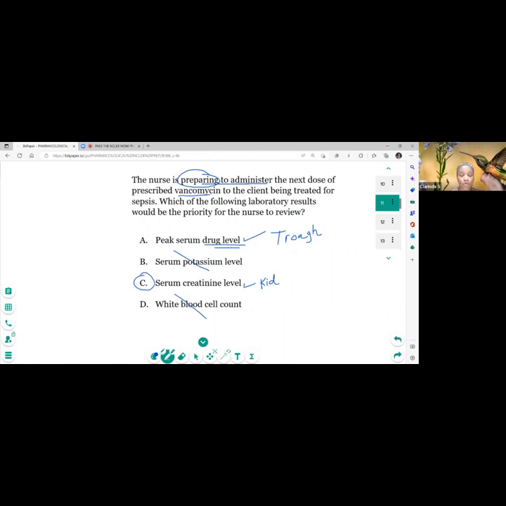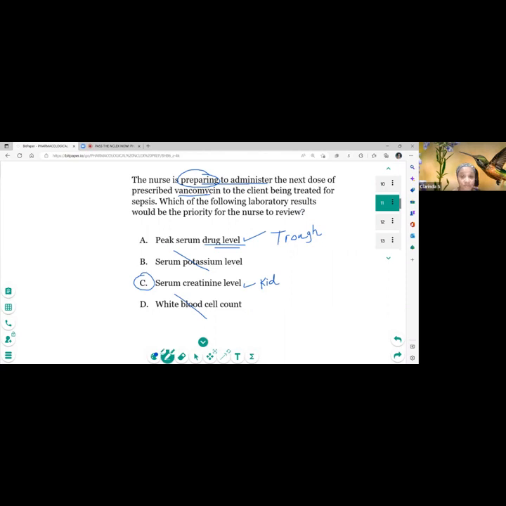So the trough is the lowest concentration of that drug in the bloodstream before the next dose of medication is due. So we want to see where it is. Was the body able to clear the drug out? It should be very low, and that usually happens for any drug, because remember, all meds have to go through the liver, filter it out, and get sent to the kidneys to be excreted.